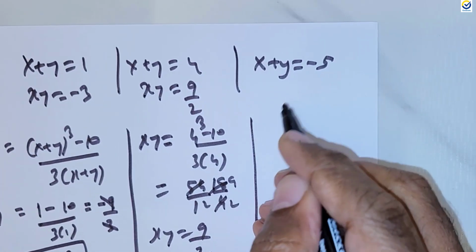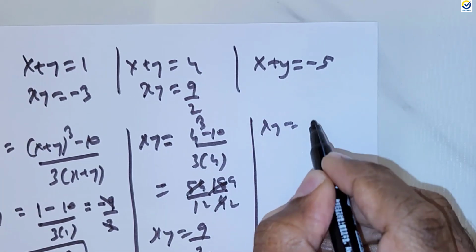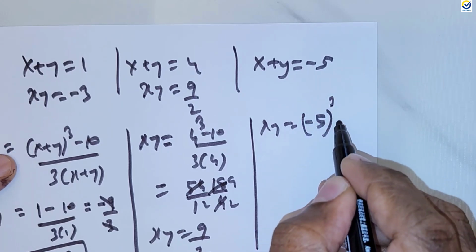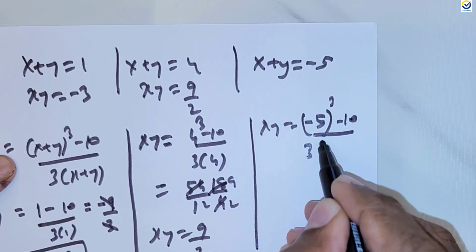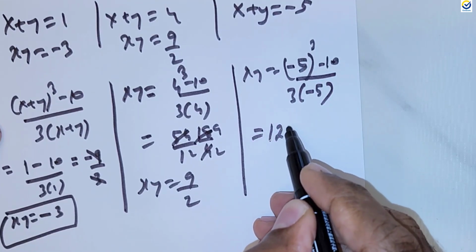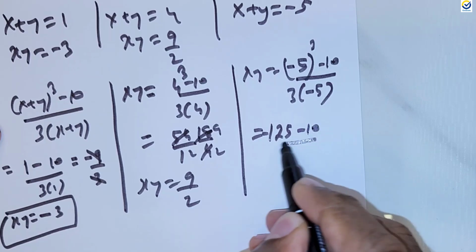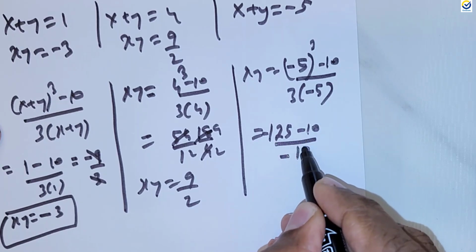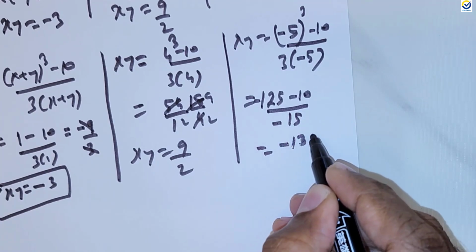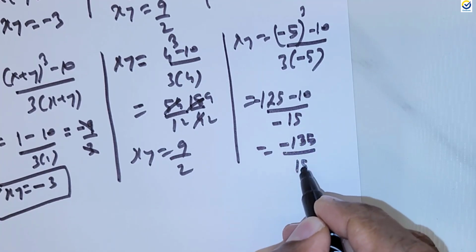Okay, now this is the next situation where x plus y is equal to -5, so xy is equal to -5 cubed minus 10 divided by 3 times -5. This is going to give me -125 minus 10 divided by 3 times -5, which is -15. So I will have -135 by -15.